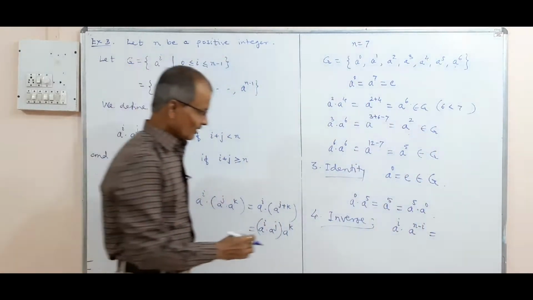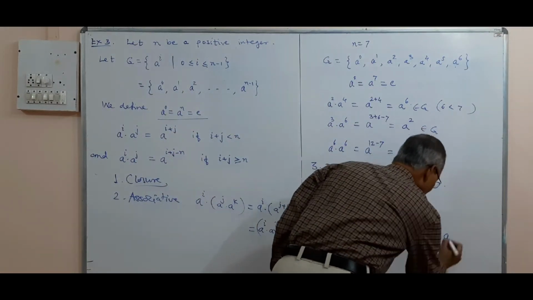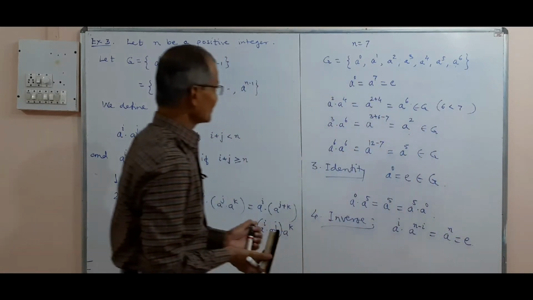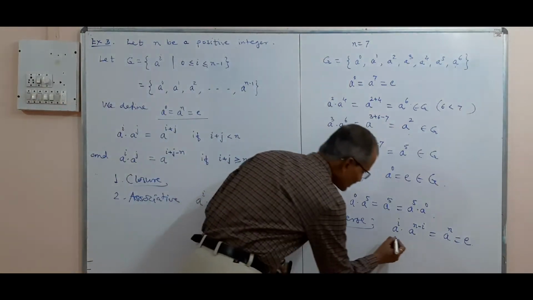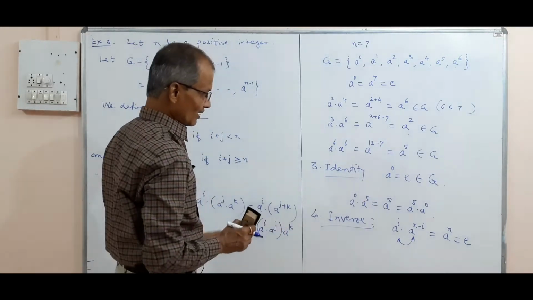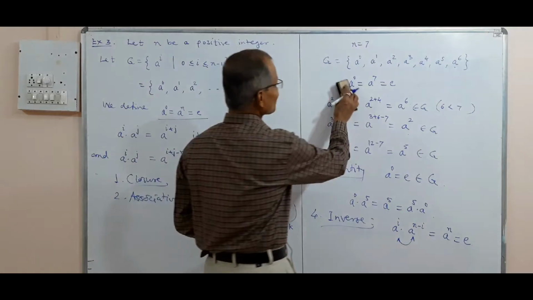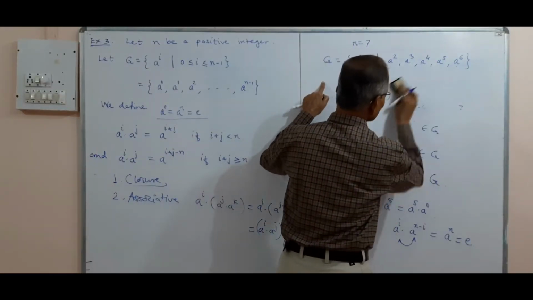It will be the sum of indices, that is a raised to n, and a raised to n is the identity by definition. So these two are inverses of each other. The inverse of a to the power i is a raised to n minus i. Or what is the inverse of a raised to 0? It is itself, a raised to 0.